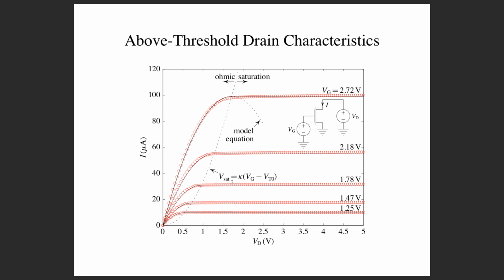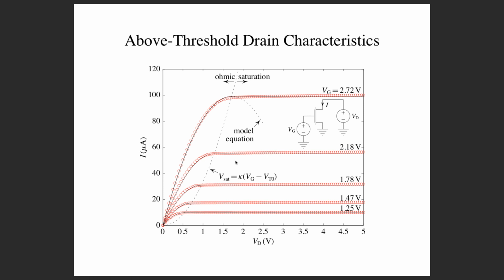But at high drain to source voltages, the current levels out. We call this region down here the ohmic region, as I mentioned before, where we have this resistor-like behavior. And this region over here is called the saturation region because the current saturates.